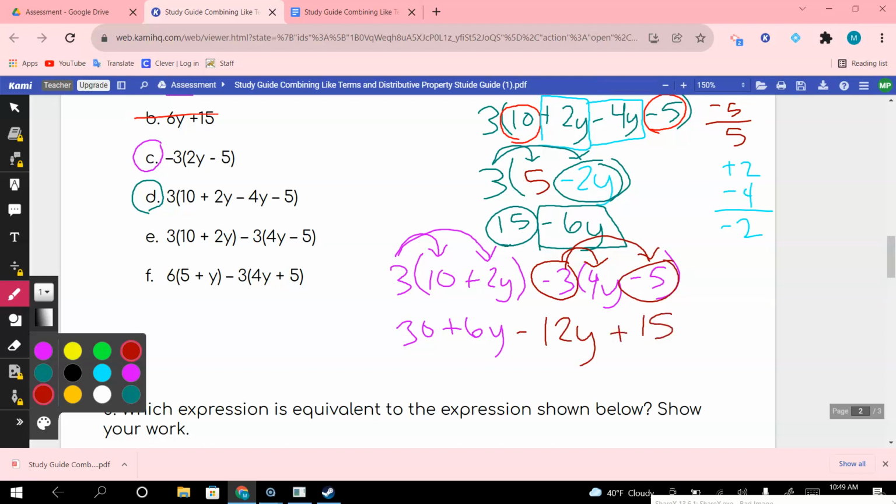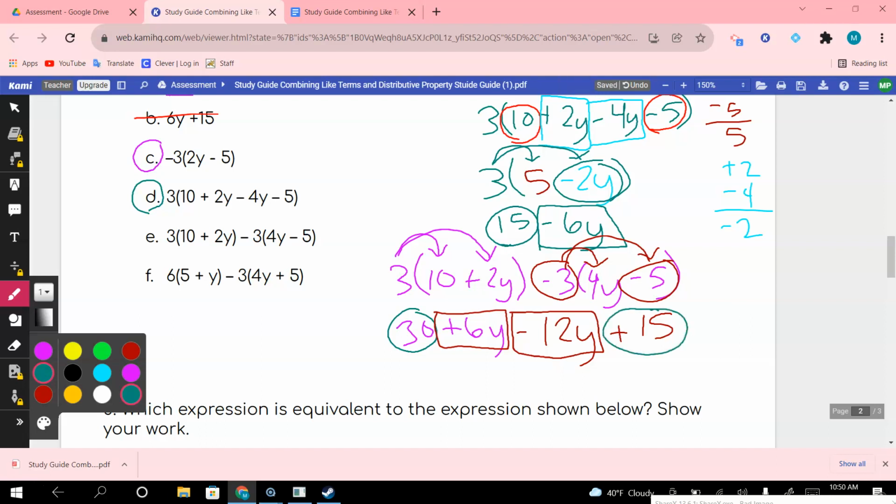Now we can put together our like terms. So we have a positive 30, positive 6y, negative 12y, and a positive 15.